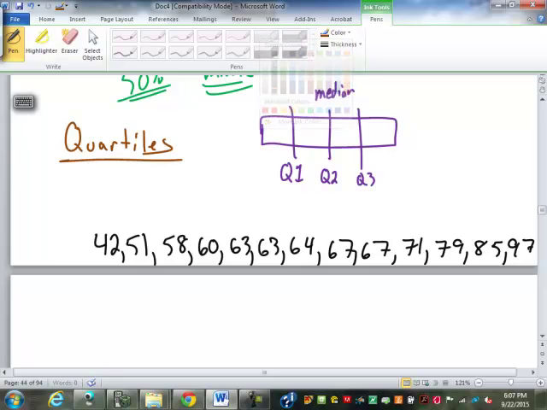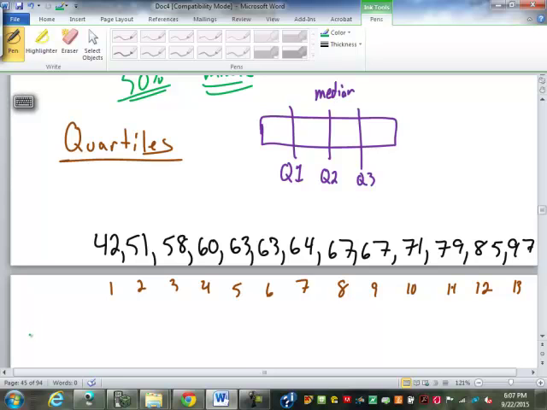Now I'm just going to go ahead and number these right now so I have my n. 1, 2, 3, 4, 5, 6, 7, 8, 9, 10, 11, 12, and 13. So n equals 13 here.